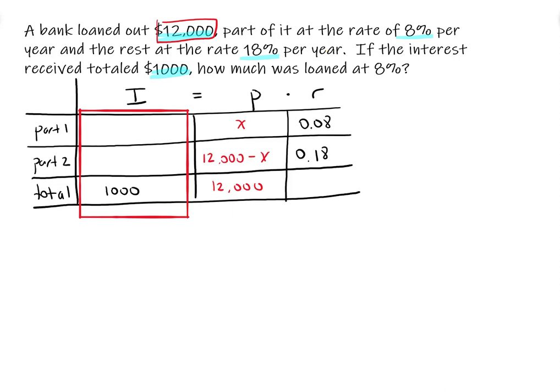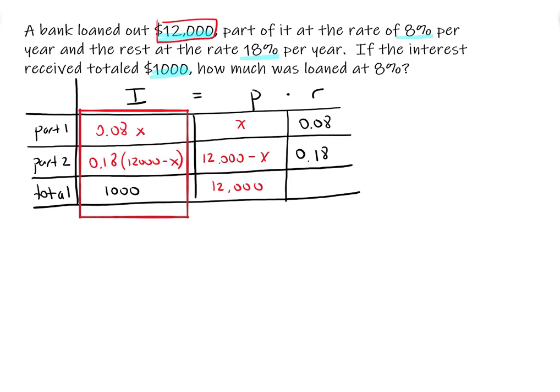I do it by using the formula here, principal times rate. I'm going to get 0.08 times x, and I'm going to get 0.18 times 12,000 minus x.